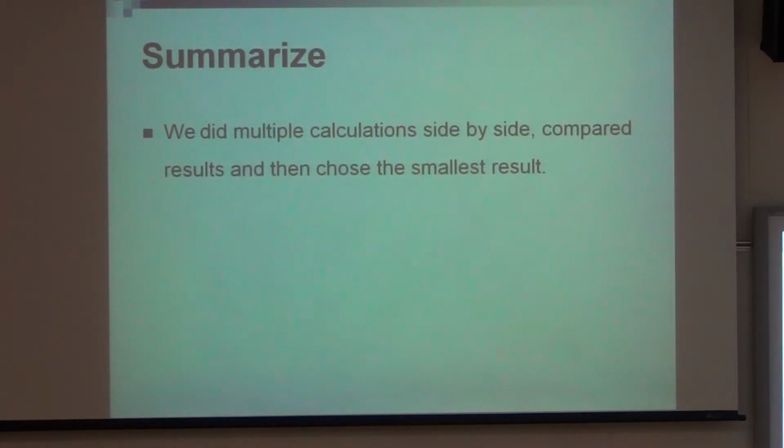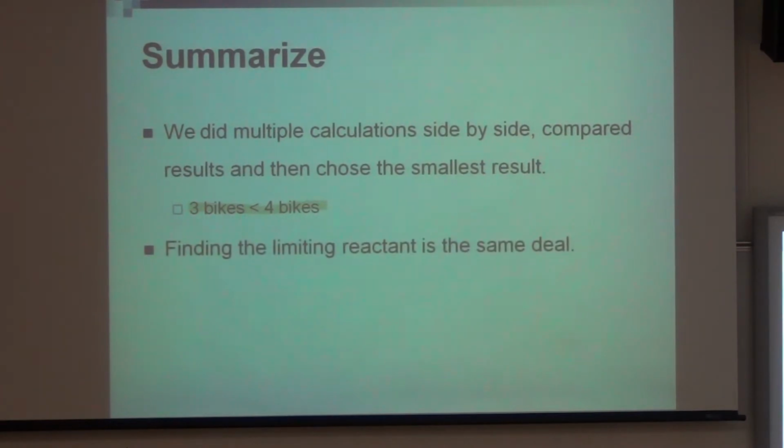So for each of these limiting reactant problems, you're given 2 known values. You're going to calculate the amount you can produce from each of those known values, and then you're going to compare your answers and choose the smallest answer. That smallest result is the most that you can produce because you're limited to that amount from your givens. So in this case, 3 bikes is all we can get.